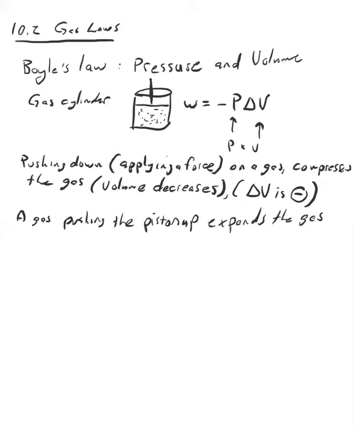So if the gas pushes the piston up, the gas is expanding, right? And so we would say the volume increases. Or we could say delta V is positive, right? That's another way of putting it. Delta V is positive. So there's two cases here. Either the gas gets smaller, compression, or it gets bigger, expansion.